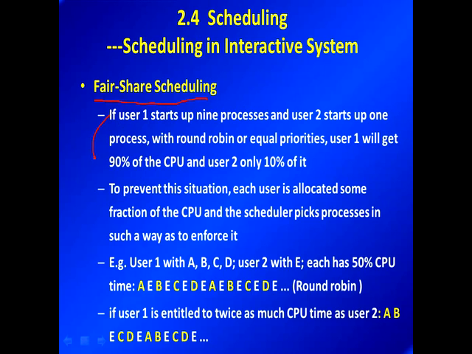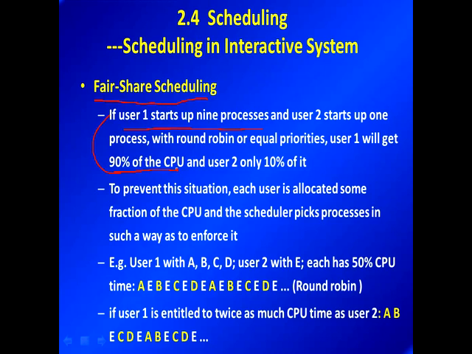Just suppose this case: user one has 9 processes, and user two has only one process. If the CPU is allocated to the 10 processes in the system equally, you can see user one will get 90% of the CPU and user two gets only 10% of it. And this is unfair if we check this from the perspective of users.